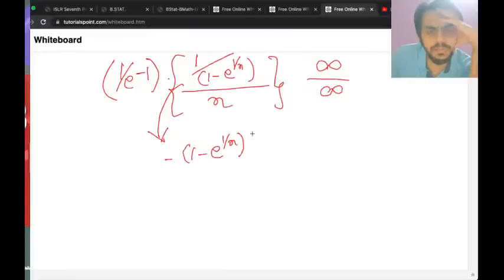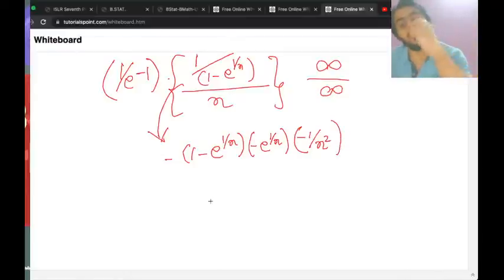Then inside, if I check, we'll have a minus of e to the power 1 by n, and then chain rule, which is your minus 1 by n square.